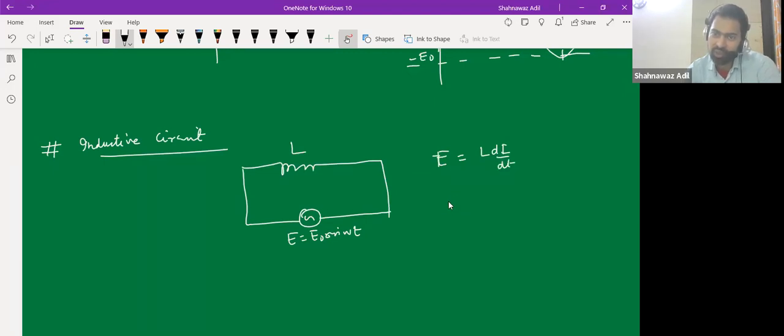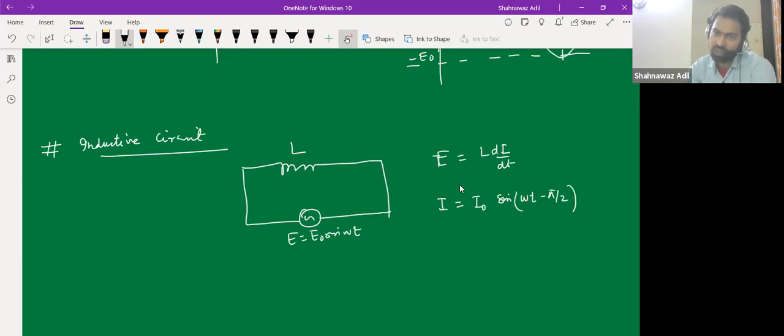And then we calculated the current, which was I naught sine omega t minus pi by 2.